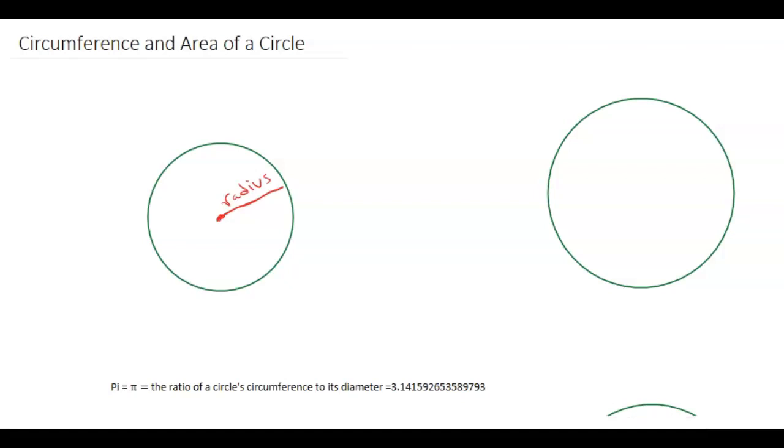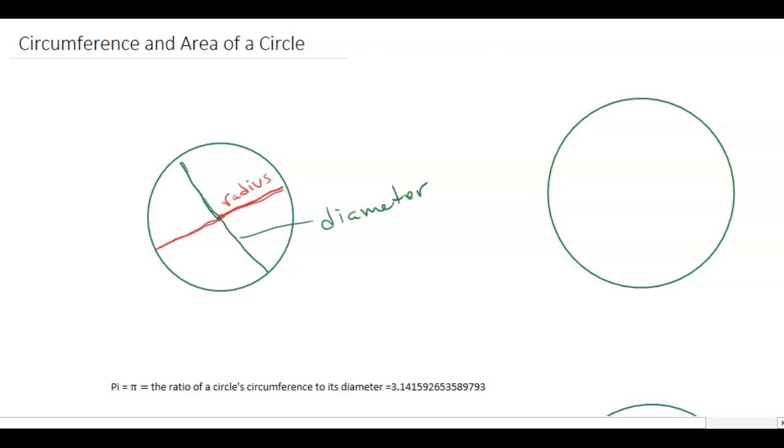Another measurement we talk about on the circle is the distance all the way across. If you go all the way across a circle through the center, that distance is called the diameter. You can think about that as if you had the radius that was halfway across and then you took another radius to go all the way across, that same distance would be the diameter.